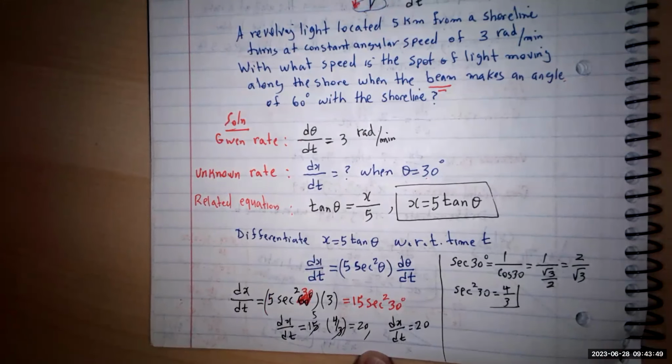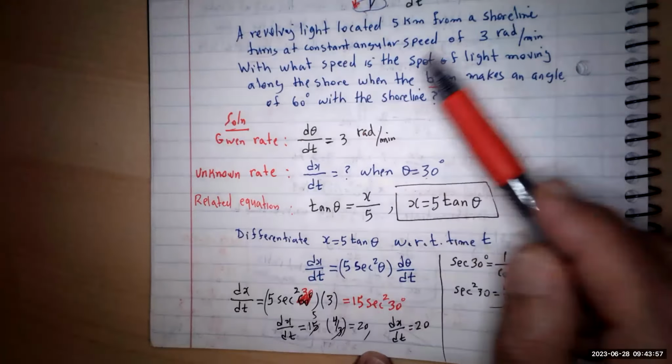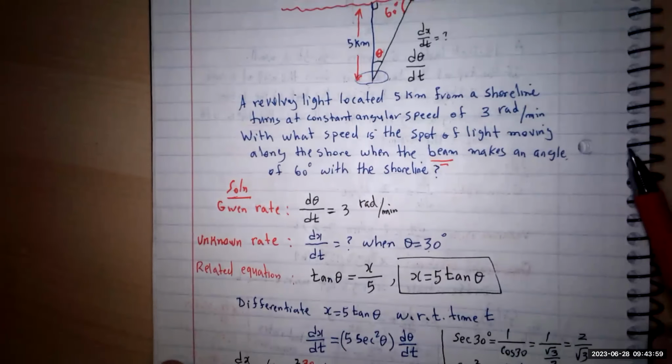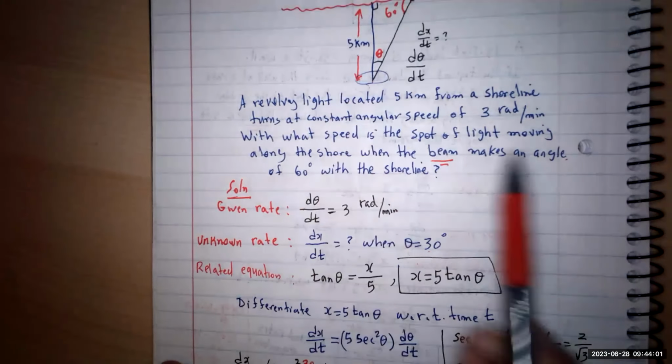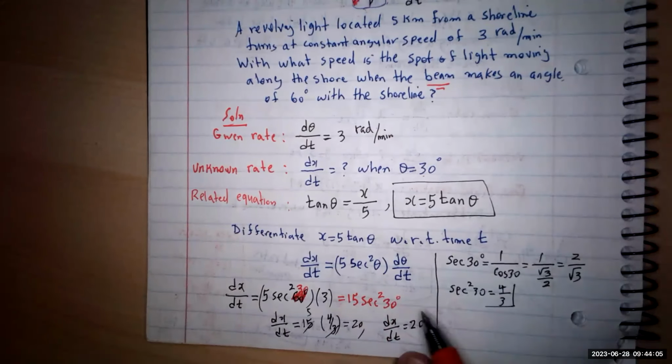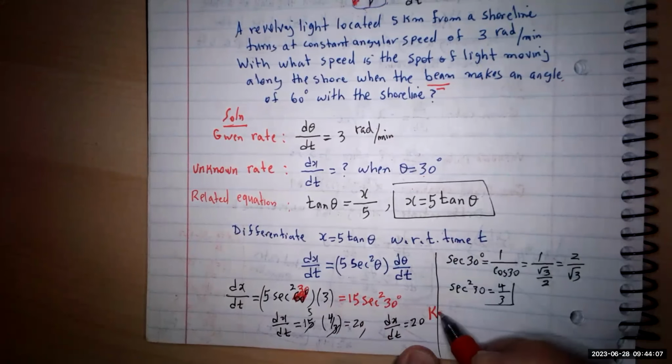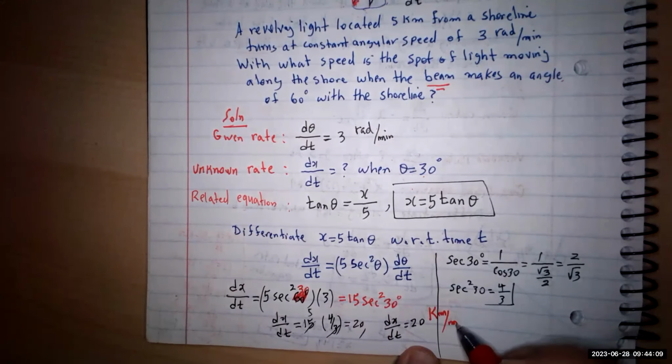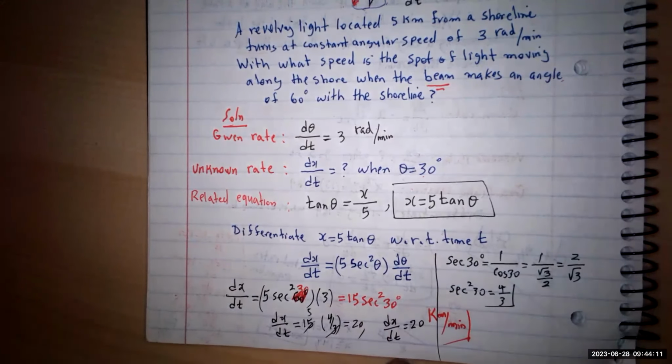Yes, Geneva, you're right. The distance was kilometers, remember? It's 5 kilometers from the beach. The distance is kilometers and the time is minutes. So it's going to be kilometers per minute. That's a speed, and this is going to be the final answer.